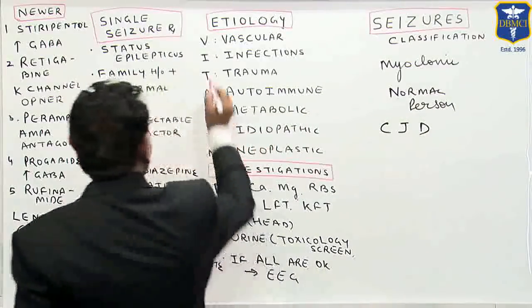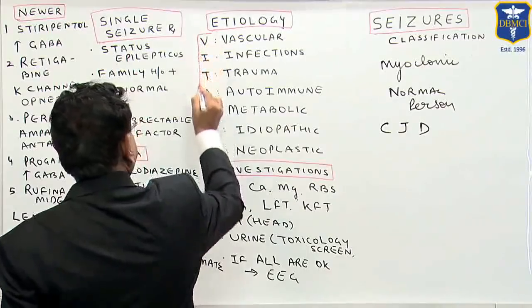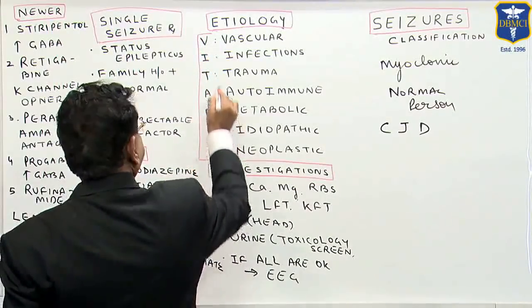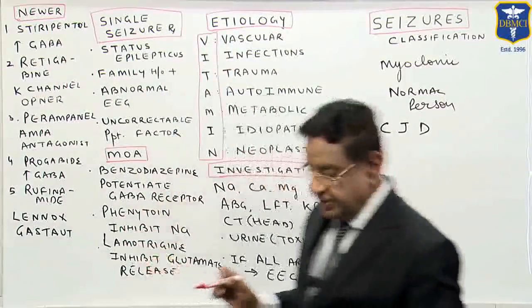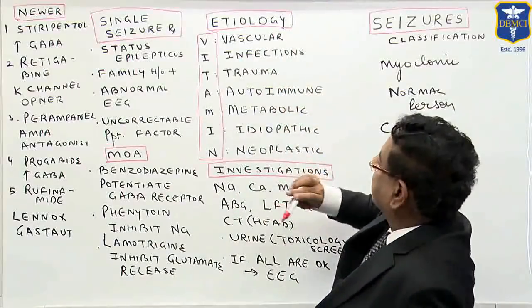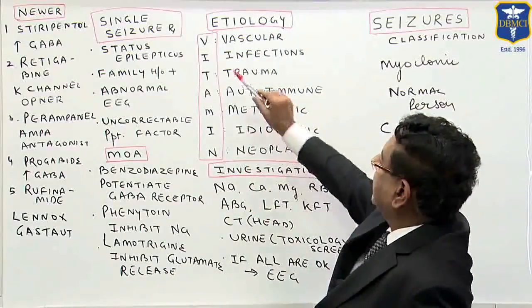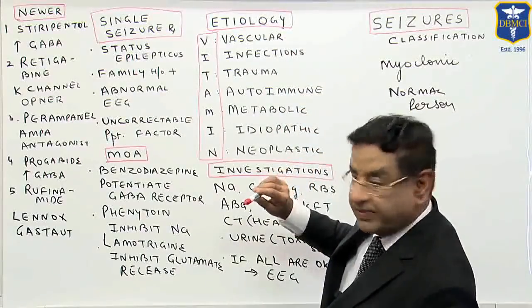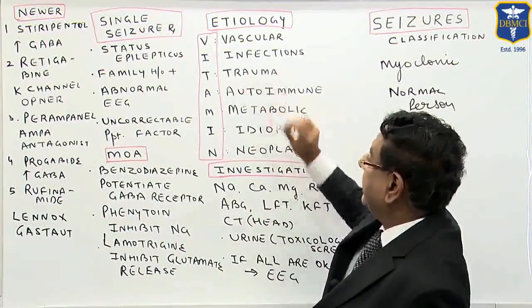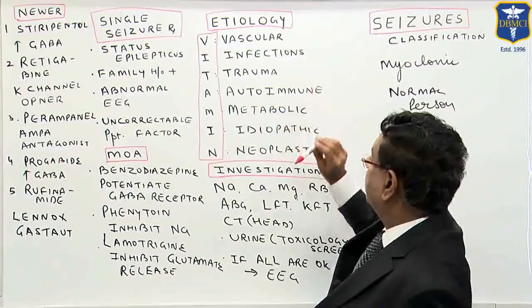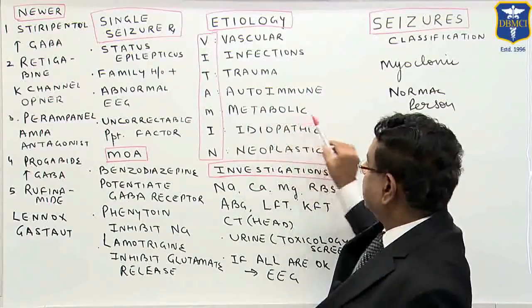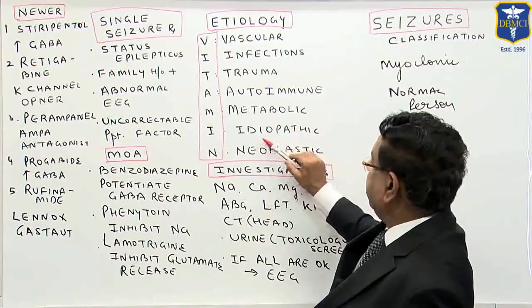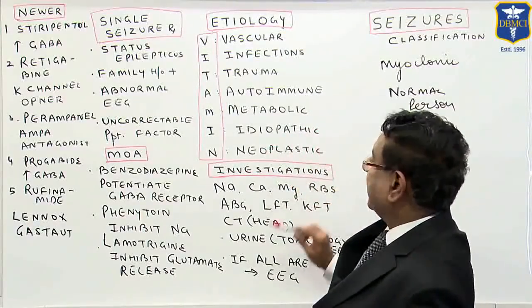Mnemonic is vitamin. V for vascular, I for infections like meningitis or encephalitis, head trauma, autoimmune, metabolic, idiopathic or neoplastic.